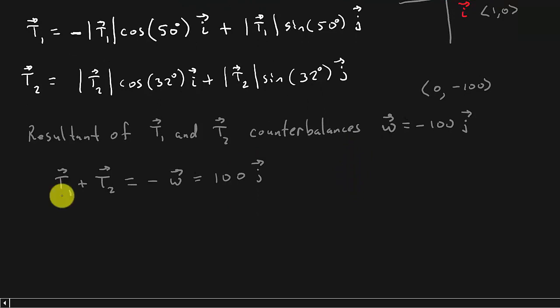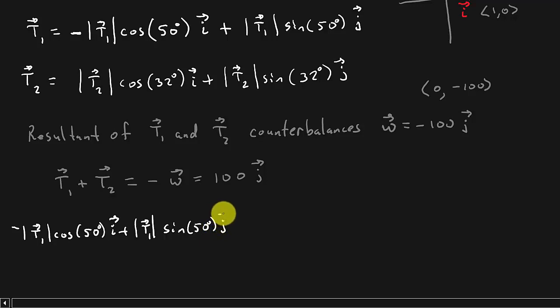So I've got T1, which is negative vector T1 cosine 50 I plus T1 sine 50 J. So there's vector T1 right there, plus vector T2.